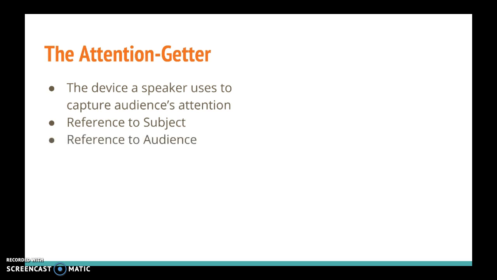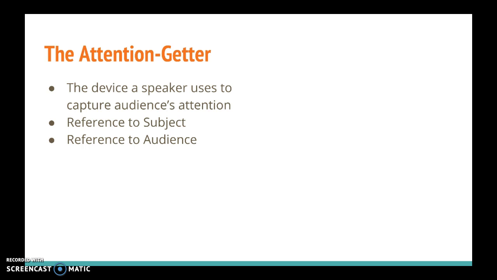Another way you could open your speech is by referencing the audience that sits in front of you, particularly if the audience has something unique about them that relates specifically to your topic. For example, with our audience, we're facing a group of college students. So maybe you reference the fact that perhaps the college students sitting in front of you have some student loan debt. And perhaps you are giving an informative speech about different ways that we can deal with student loan debt.